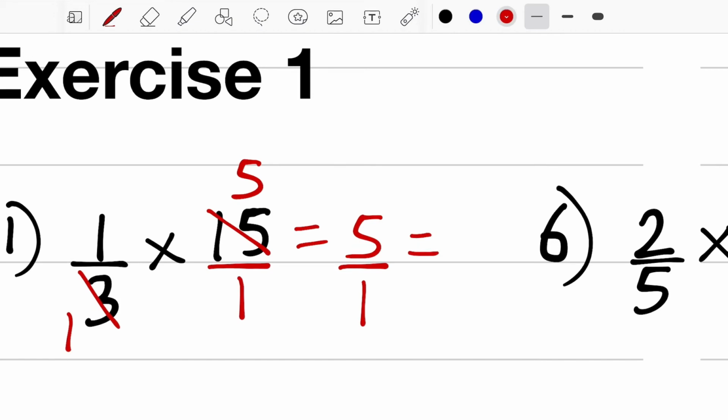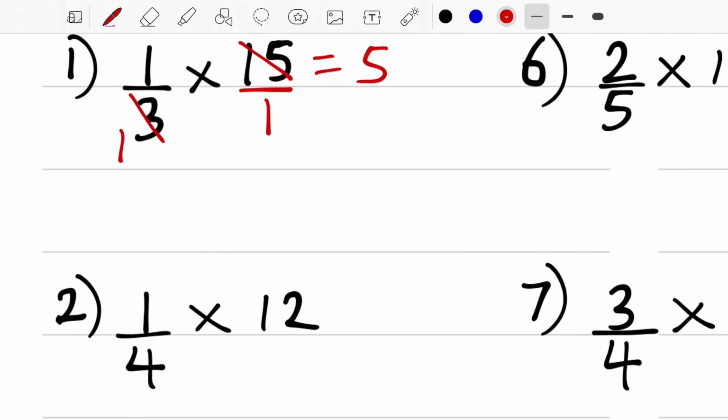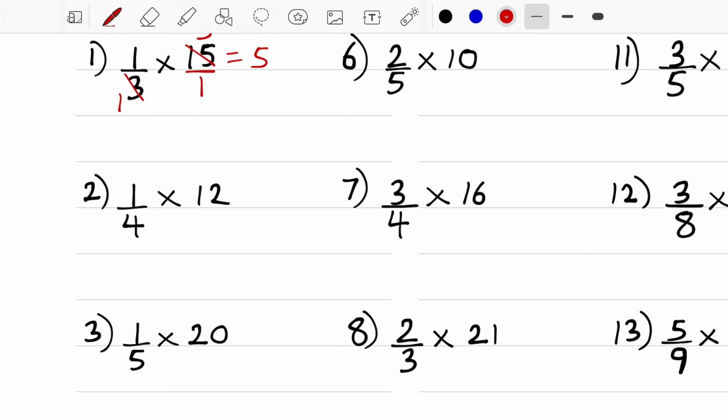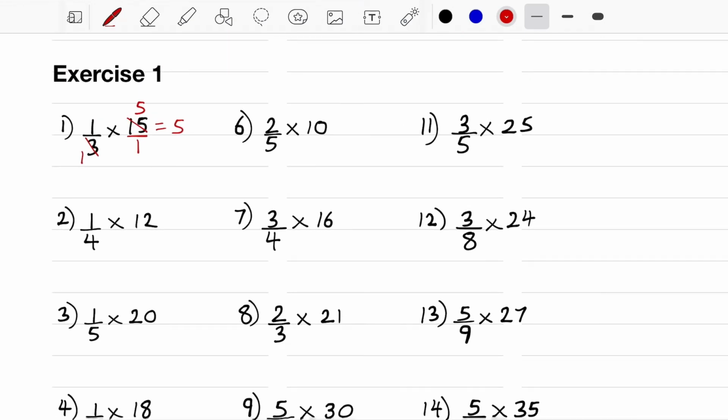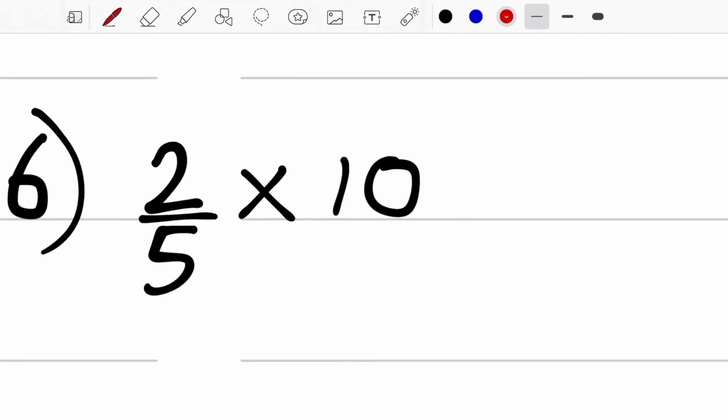So 5 divided by 1 is 5. Right? If we are dividing by 1, you can just leave 5. Okay, let's look at number 2. Actually, let's look at number 6.